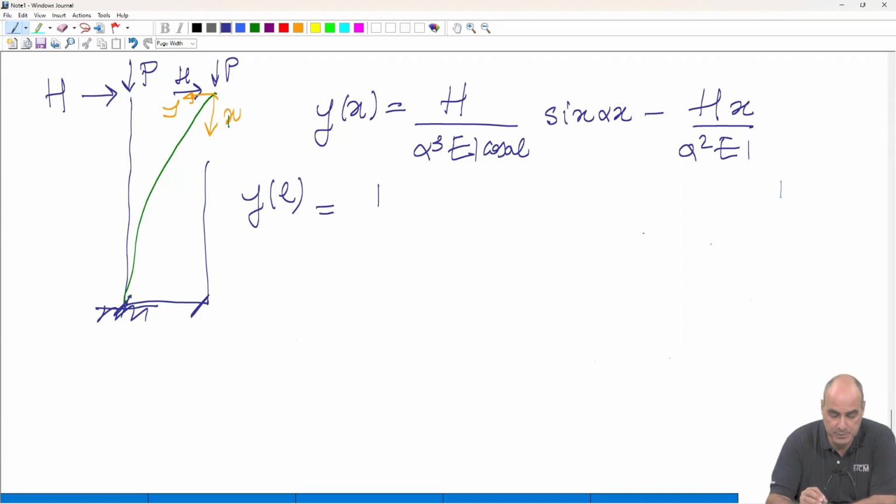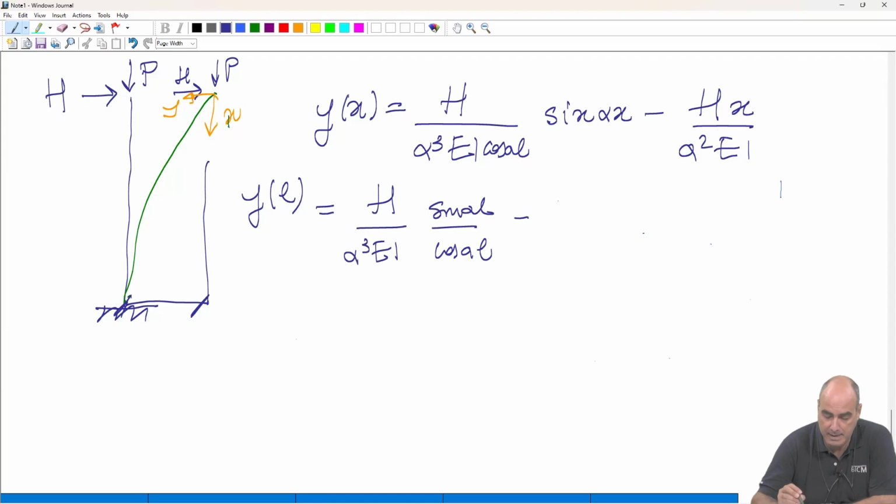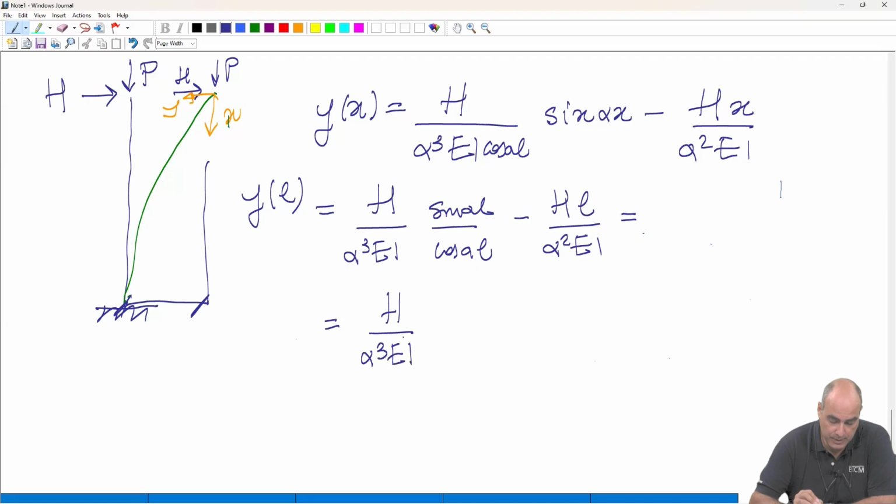And this will be, you see, h over alpha cube ej, sinus of alpha L divided by cosinus of alpha L, minus h L over alpha square ej. Which I can also write as h over alpha cube ej, sinus of alpha L divided by cosinus alpha L, minus alpha L.